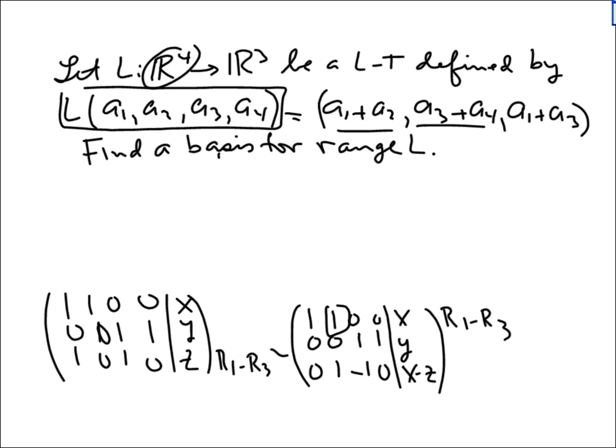And row 1 minus row 3. 1 minus 0, 1 minus 1, 0 minus a negative 1, 0 minus 0. X take away x minus z is z. The second row did not change. The third row did not change.